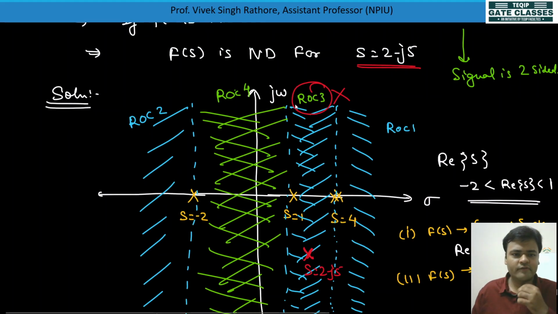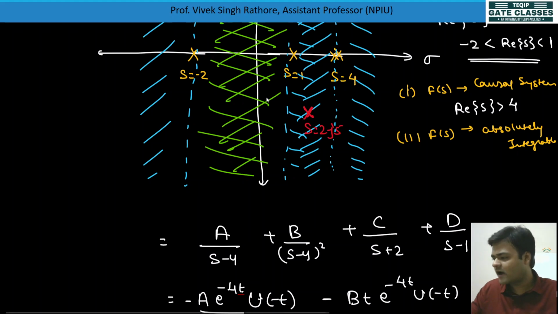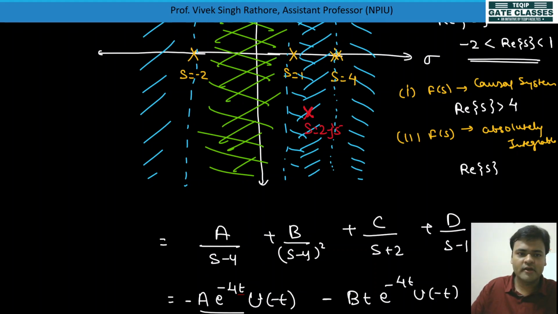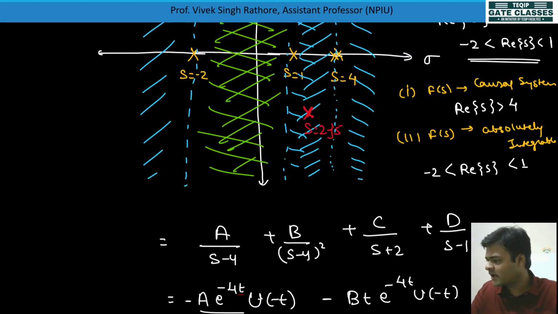For F of s to be absolutely integrable, the ROC should include the j omega axis, which is possible for ROC number 4 only. That is why the real part of s should be greater than minus 2 and less than 1.